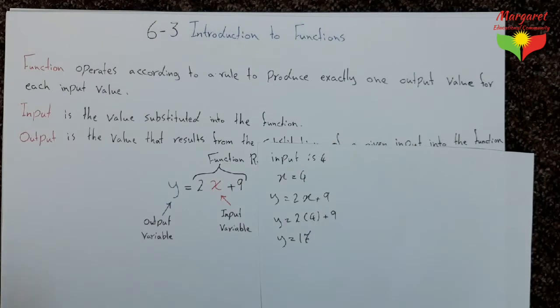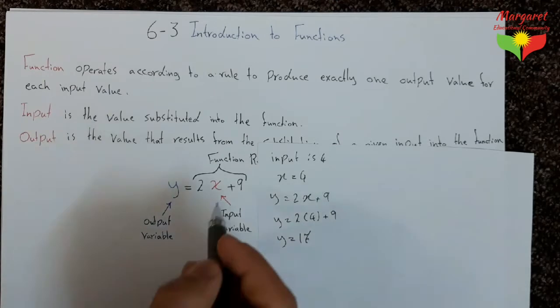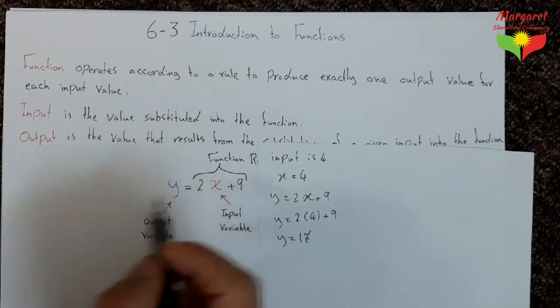So we can say that to find the output value for each input value, substitute the input value into the function rule. کەواتە بۆ دۆزینەوەی output value بۆ هەر inputێک inputەکە دائەنینەوە لە ڕێسای نەخشەکەیە.